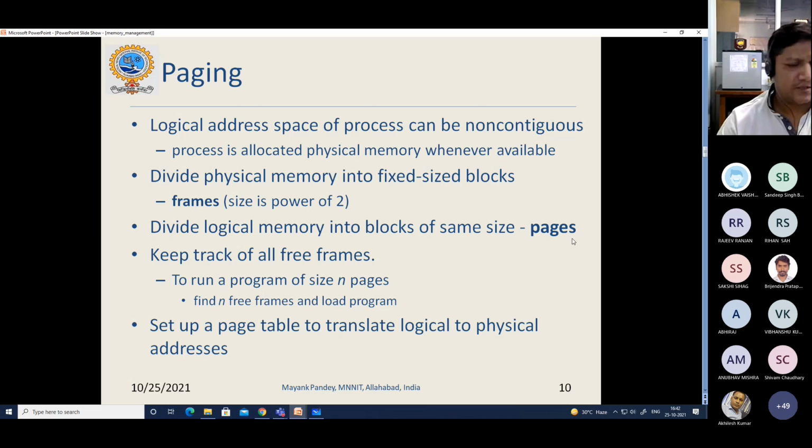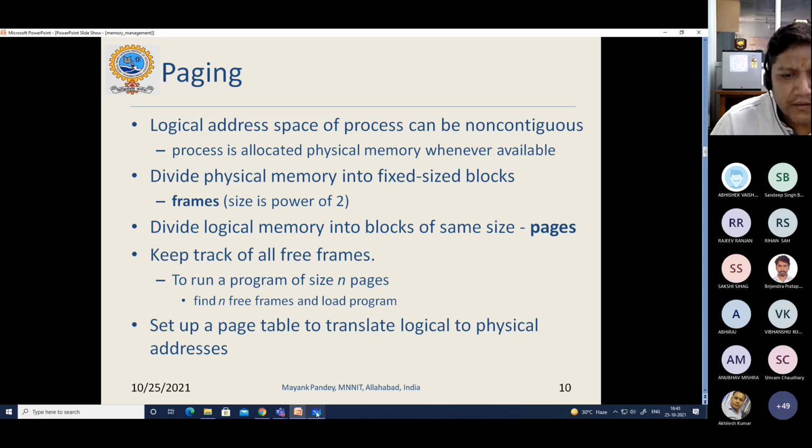So your logical address space and physical address space are both divided into equal-size blocks. Keep track of all the free frames. To run a program of size n pages, find n free frames anywhere and load the program, and set up a page table to translate logical to physical addresses.